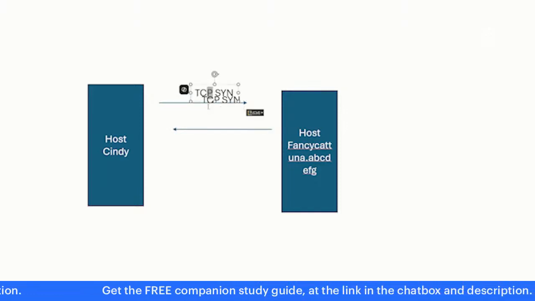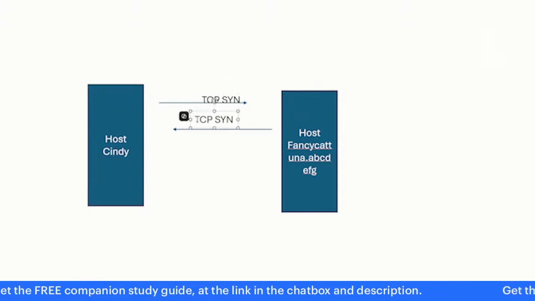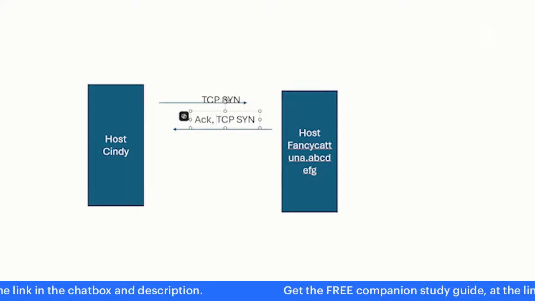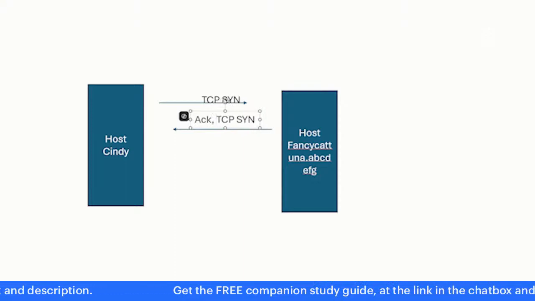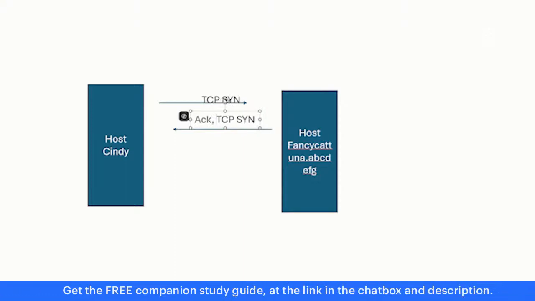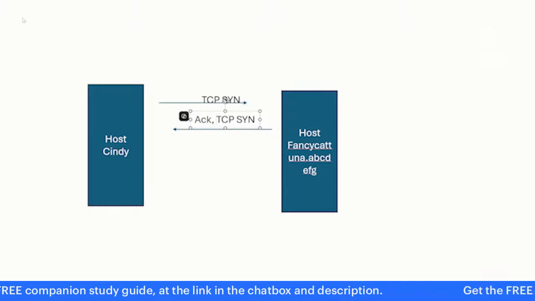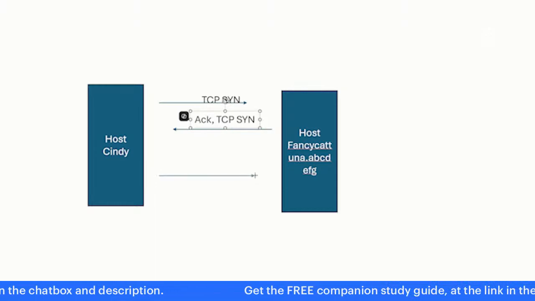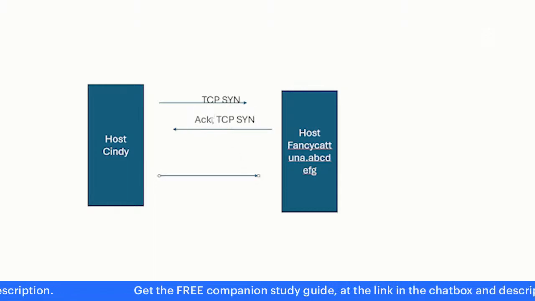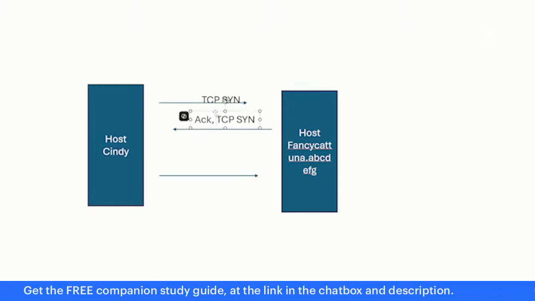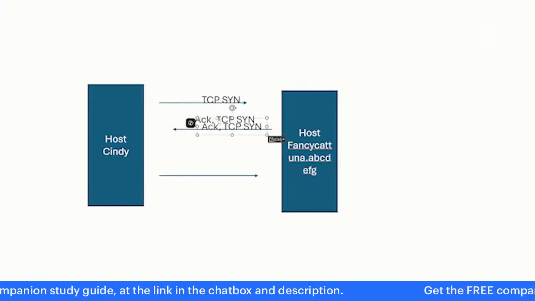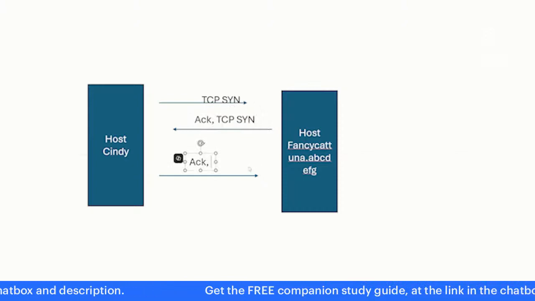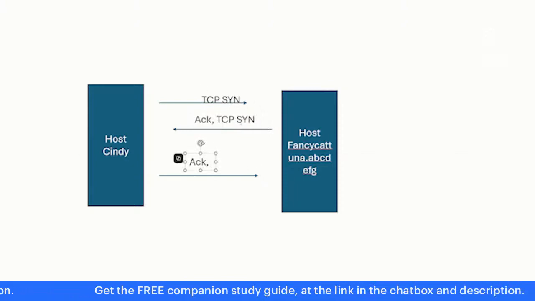So you're going to see an acknowledgement from the server. Yes, Cindy, I acknowledge the open, and I'm going to try to open a connection with you, so we can speak. And then Cindy says, sure, you could open that connection with me, and she sends an acknowledgement back. And now, realistically speaking, Cindy and the tuna website are now talking to each other.